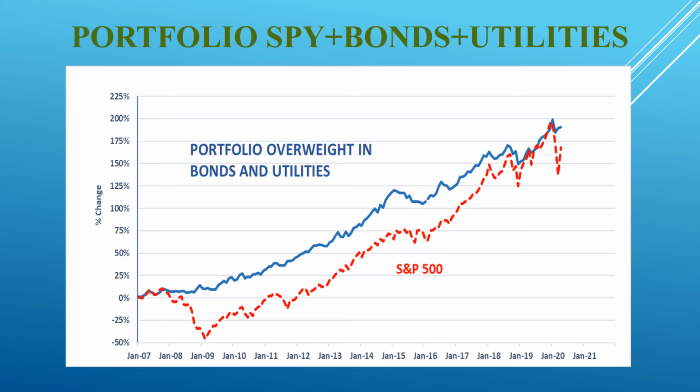Of course, the next step is, given that an average portfolio did so well with bonds and with utilities, I said, well, what happens if I add bonds and utilities to an average portfolio as expressed by the ETF SPY? So I have an average portfolio that does well during the strong phase of the business cycle, and I overweighted it in bonds and utilities to smooth out the performance, using the timing rule of the 200-day moving average.